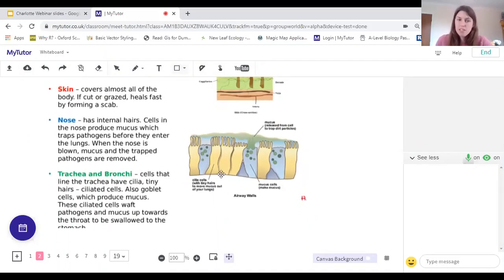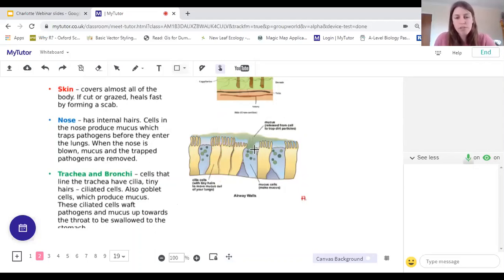And we have a similar situation in our trachea and bronchi. Our trachea is the pipe that goes from our mouth down towards our lungs, and the bronchi are the pipes that take the air across our lungs. Cells that line the trachea have cilia, which are tiny hairs. You can see them on the diagram here. These cells that have hairs are called ciliated cells.